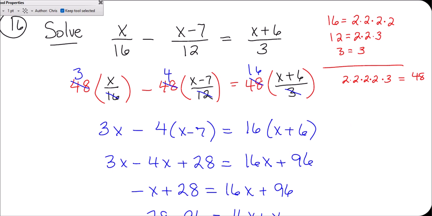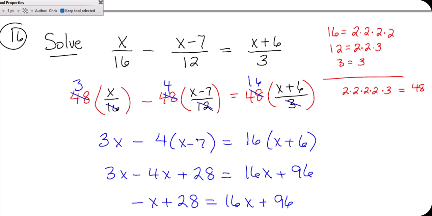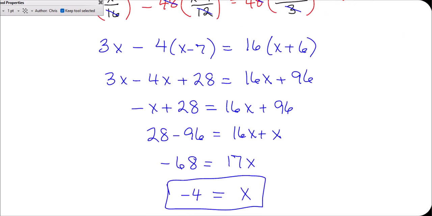Now it's just a question of getting rid of the parentheses and combining like terms. Let's see, minus 4x, minus 4, minus 7, plus 28, 16x, and a 96. 3x minus 4x is a minus x. That's all I did from this step to the next.